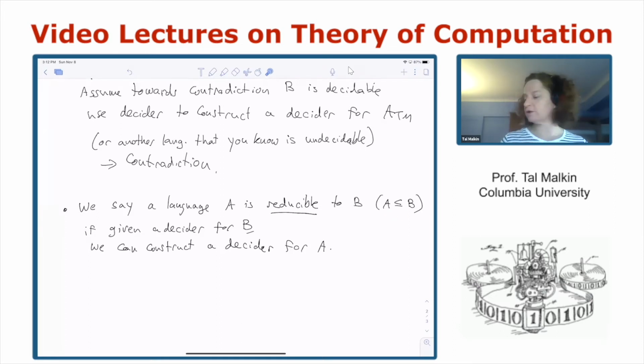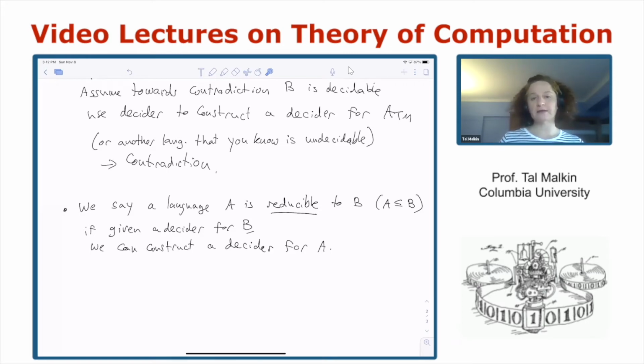This notation intuitively means A is easier than or equal to B. So in other words, if you know how to solve B, you will also know how to solve A. Okay, and if A is very hard, then B is even harder. So we use reductions all the time, both explicitly and implicitly. They can be used for constructing algorithms.